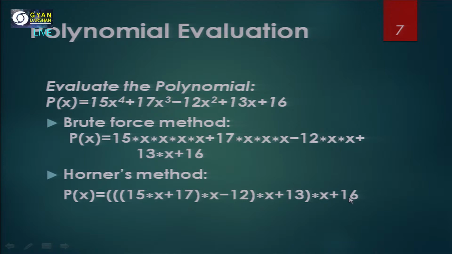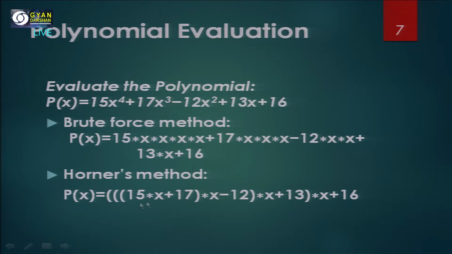So are they equivalent? Well, you can very well verify. This coefficient 16 is there, then x, so we go backward, and we get 13x over here. Then we multiply, and what we get is x square in this particular place, so it becomes minus 12x square. And then at this particular place it becomes x cube, so 17x cube and 15x to the power 4.